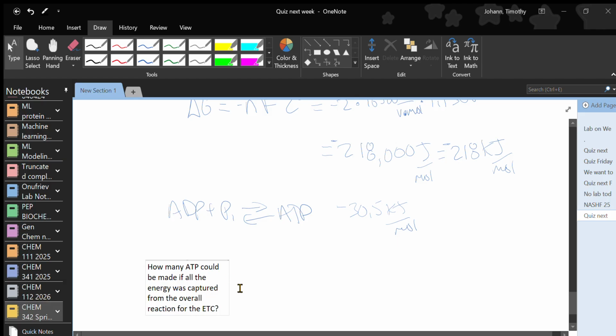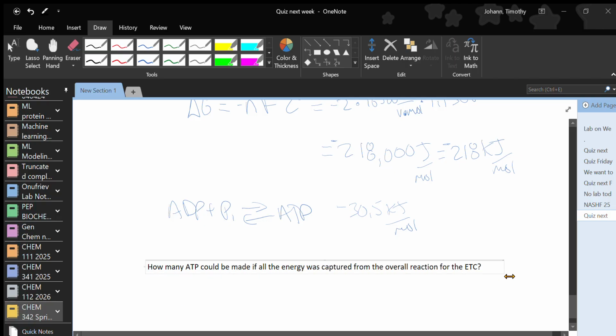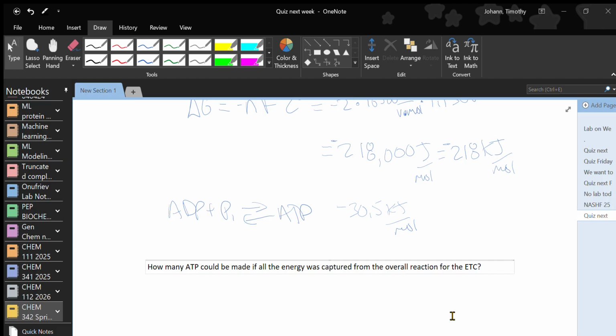Okay, so what we're talking about here is how much energy could we capture? This is taking those 2 electrons from NADH and getting them all the way over into water.